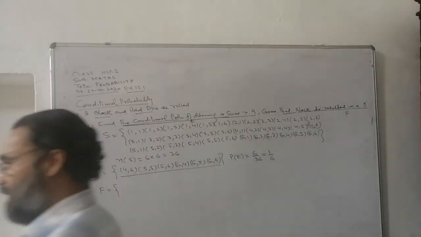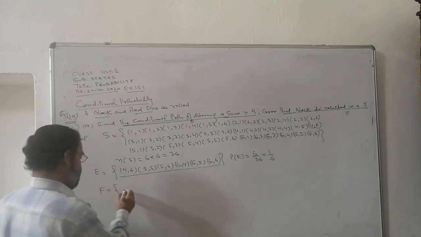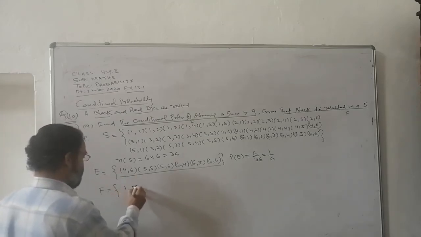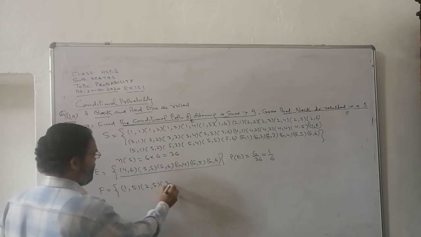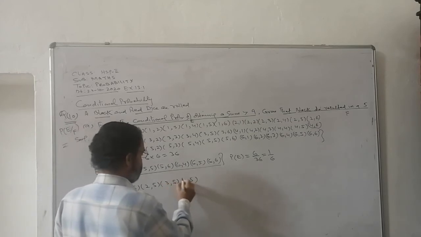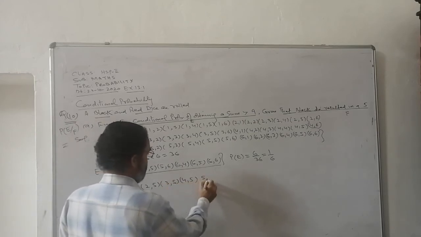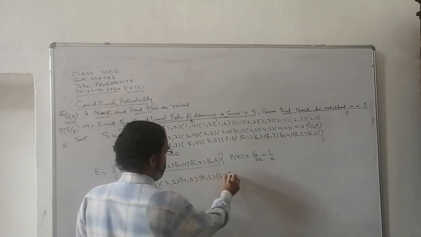He says the black die shows only 5. So the favorable points will be (1, 5), (2, 5), (3, 5), (4, 5), (5, 5) and (6, 5).